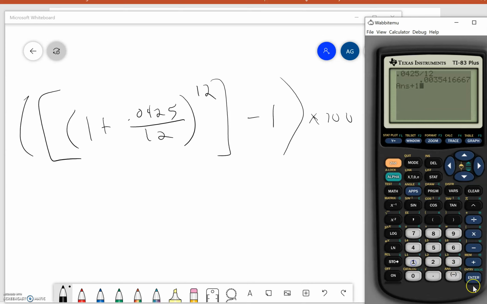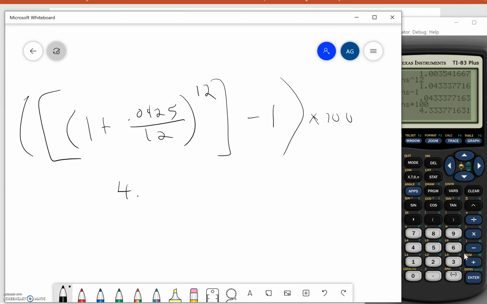Then I add 1 to it, which is this stuff right here. Then I raise that to the 12th power. Then I subtract 1 from that. That's my rate right there, and then multiplied by 100 gives me my rate in percent form, so it's 4.33%. So this is R.